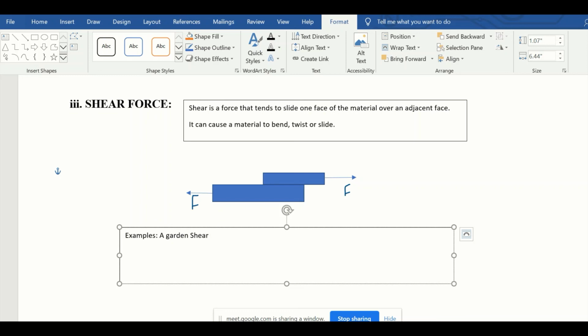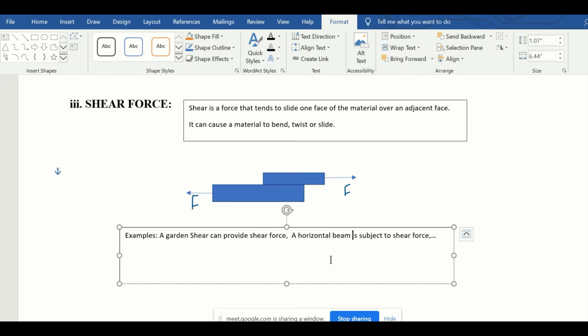A guarding shear can provide a shear force. Also, we have what we call a horizontal beam. A horizontal beam is subject to shear force. So these are two examples of shear force.